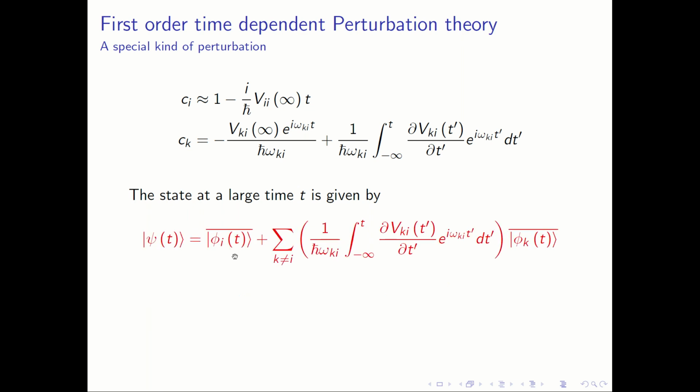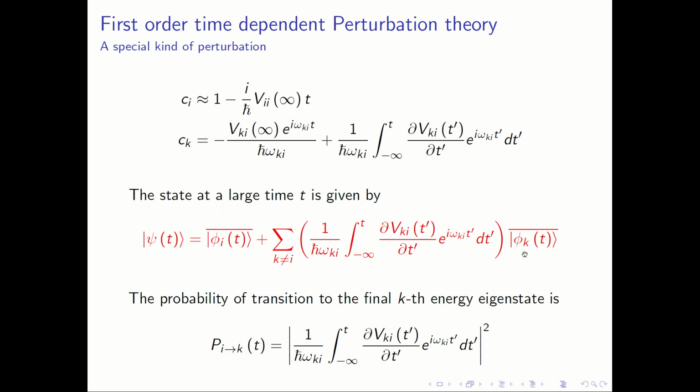So we can rewrite them as phi i bar t and phi k bar t, just time dependent energy eigenfunctions. But you see that you started with a state phi i at t equal to minus infinity. At time t, what you get is not only a new phi i bar state, but plus an additional contribution from other states as well.